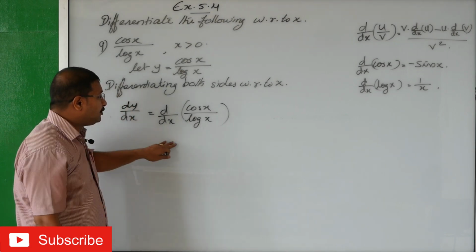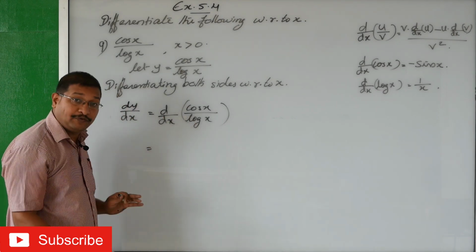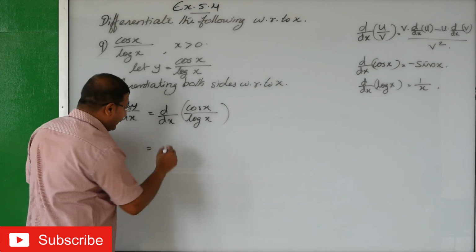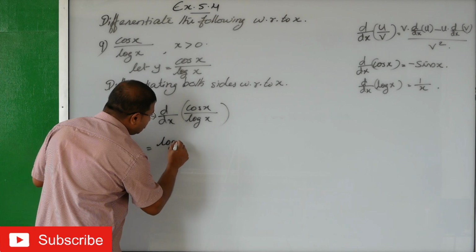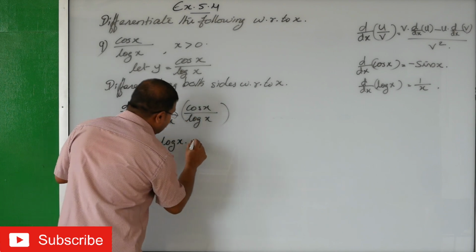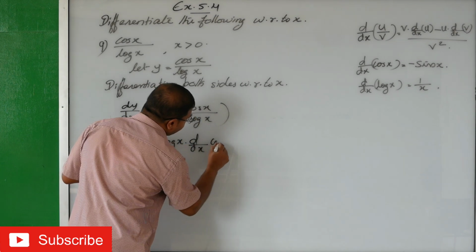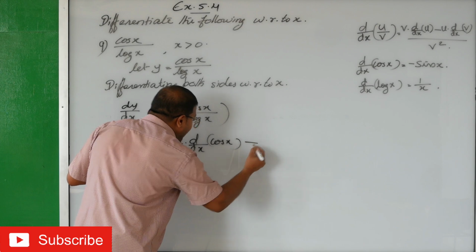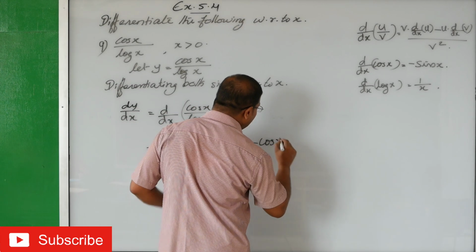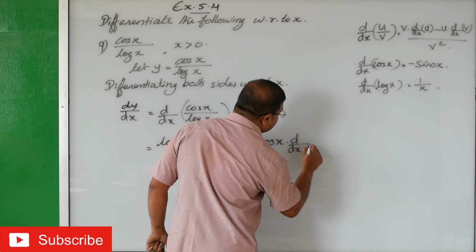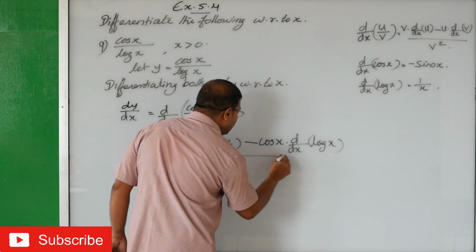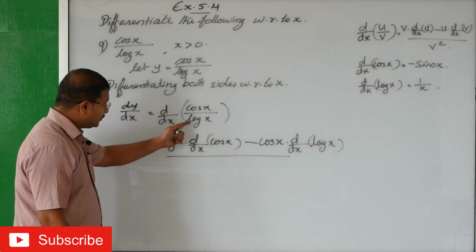Derivative of cos x divided by log x means first we'll write log x, that means denominator into derivative of the numerator, that means derivative of cos x, minus cos x into, that means numerator into derivative of the denominator, that is log x, divided by denominator square.